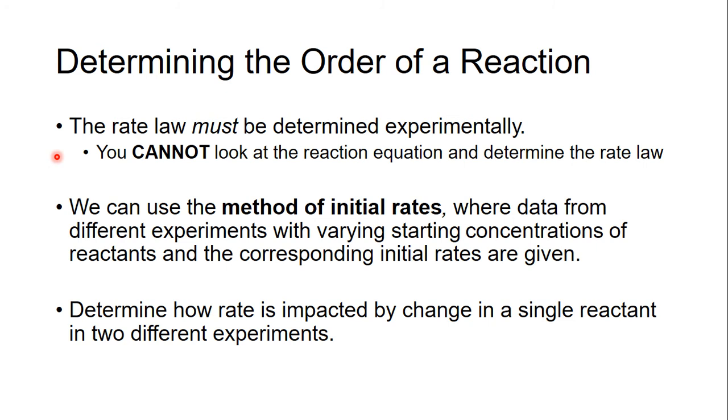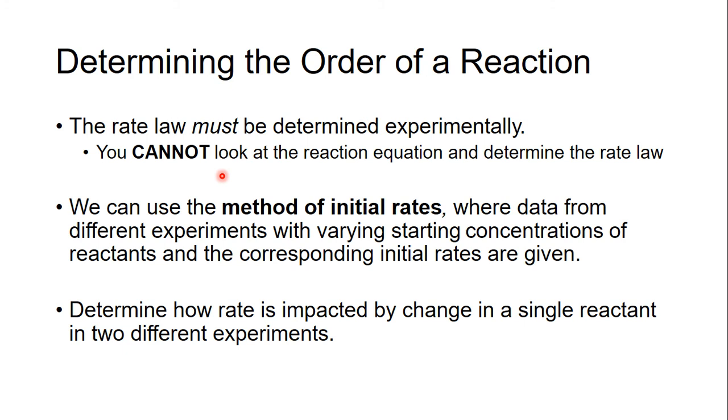Now this is very important, so keep this in mind. You have to determine the rate law experimentally. The rate law has nothing to do with stoichiometric coefficients. I can give you a reaction and stoichiometric coefficients, but you cannot, and I stress this again, you cannot look at the reaction and tell me what the rate law is.